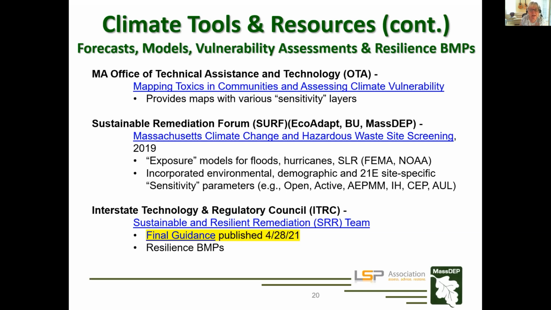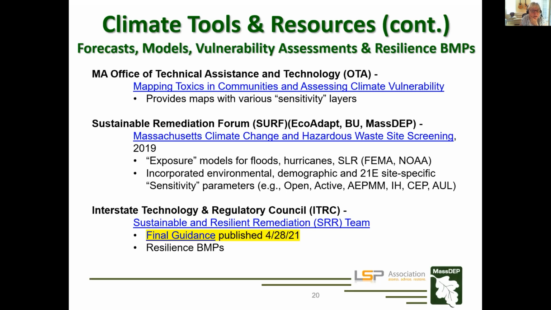This was a one-time shot at it. It's not a forward projecting model. It's based on FEMA maps, which are representative of the history of flooding, not the projected future for flooding. But it does give you a lot of good information, and you can look up individual RTNs in that resource.